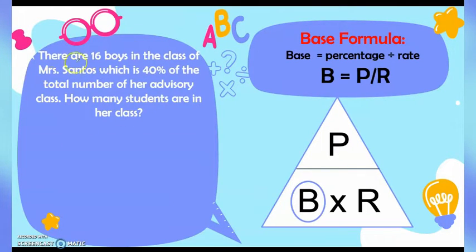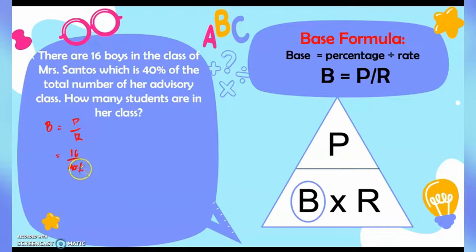So let's solve this problem using the formula for base, B is equal to P over R. So we divide percentage by rate. And our percentage here is 16 boys over 40%. And take note that we cannot divide or multiply if it is in percent symbol.